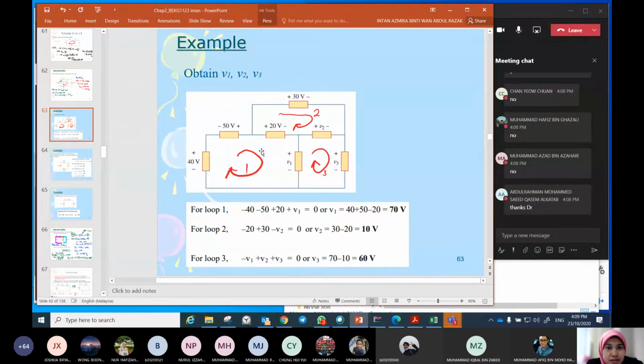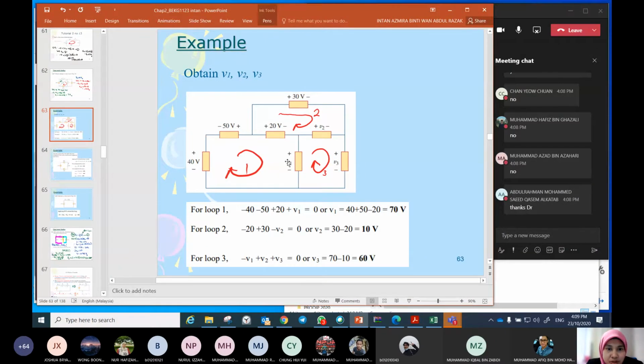This is the very basic principle of KVL. Okay. Very basic KVL example. Okay, obtain V1, V2 and V3. So I name each loop as this, loop 1, loop 2 and loop 3, up to you. So for loop 1, minus 40, minus 50, and then we have positive 20 and plus V1 is equal to 0, and we will get V1 is equal to this.